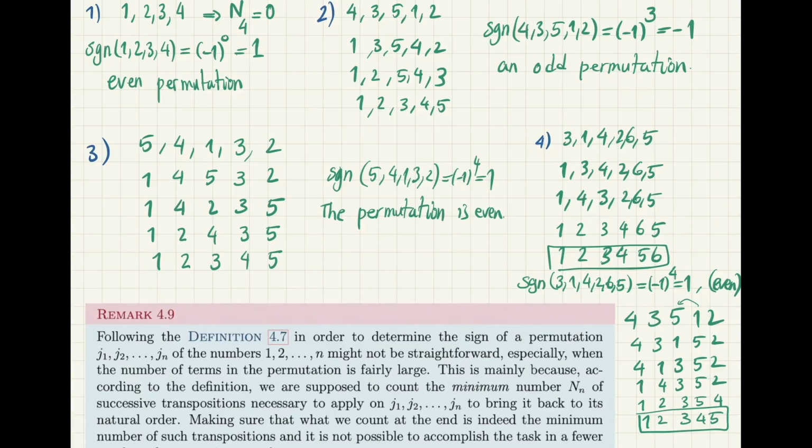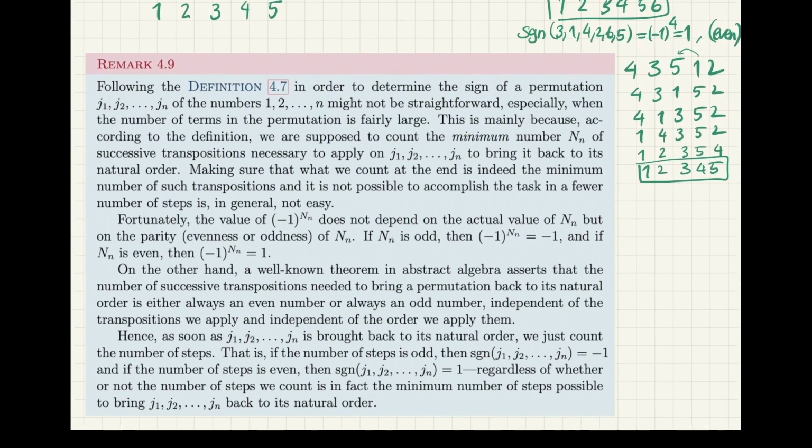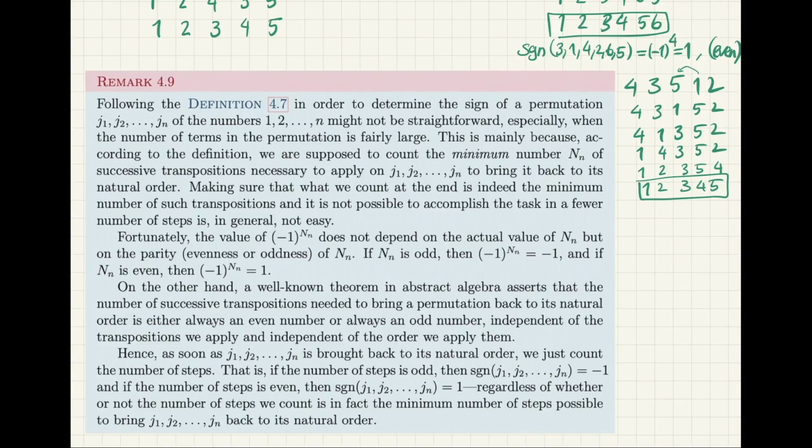If you can do it applying an even number of transpositions, it doesn't matter whether you do it in an optimal way or not, you have to do it always in an even number of steps. Okay, so that is actually the content of this remark that I have written here for you. So you can read it yourself afterwards.